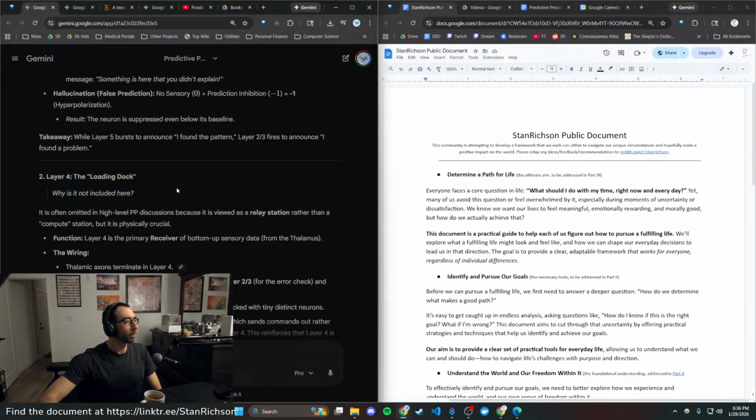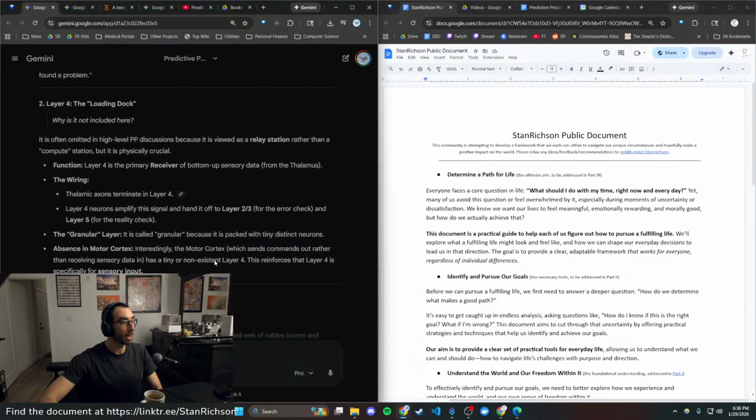All right, layer 4, the loading dock. Why is it not included here? It is often omitted in high-level predictive processing discussions because it is viewed as a relay station rather than a compute station, but it is physically crucial. It's the primary receiver of bottom-up sensory data from the thalamus. Okay. The wiring.